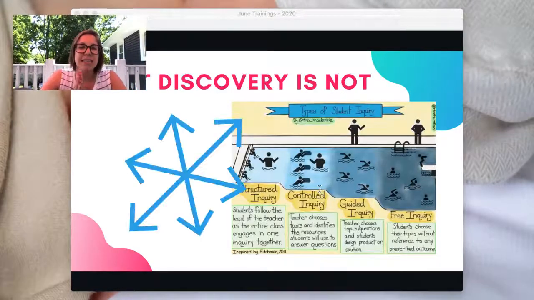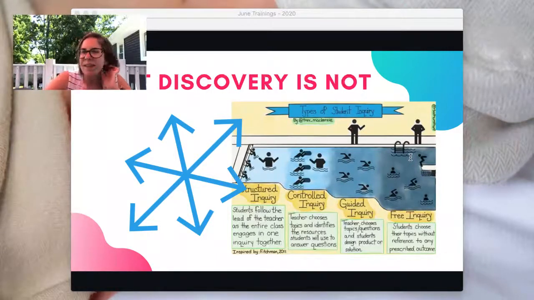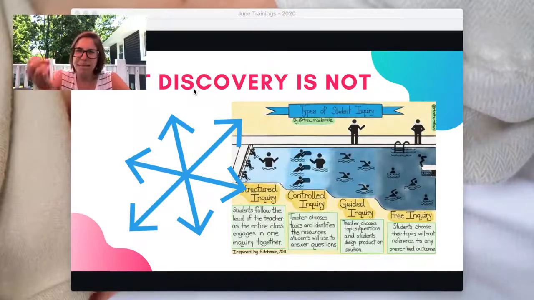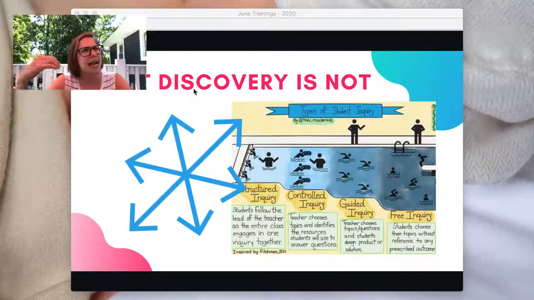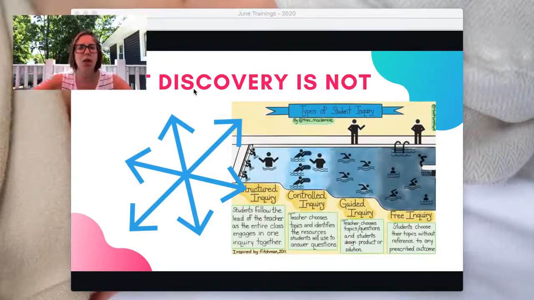Okay, so what discovery is not? When you look at inquiry-based learning and levels of inquiry, this picture shows some levels of student inquiry. Free inquiry is kind of what a lot of people think of. I don't like saying the NGSS is inquiry-based learning, for a few reasons.